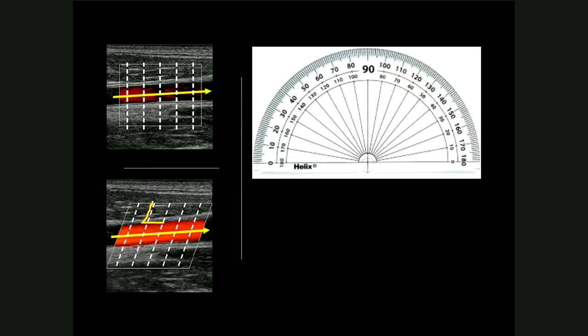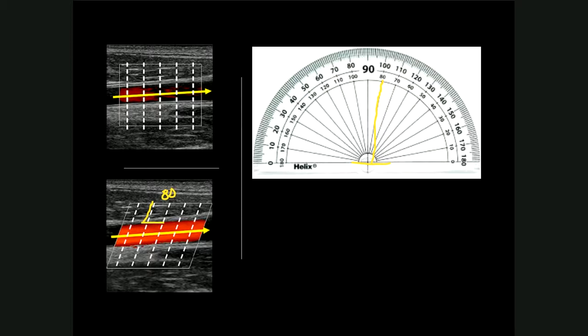So we would use our angle correct, which works just like a protractor, and we'd be able to see the angles. If our vessel is lined up like this, and we have just a very slight angle, I'm not good at drawing that, you can see that that's probably like an 80-degree angle here, which is not a desirable angle, right? We want something that's 60.